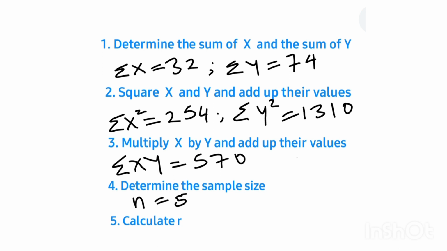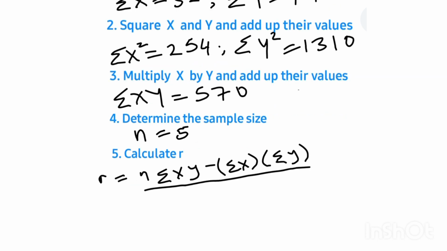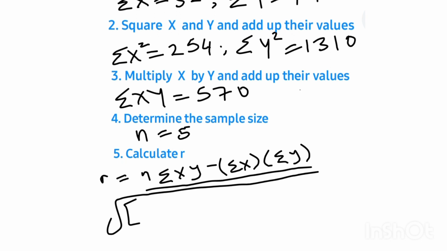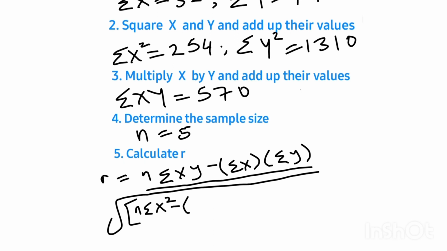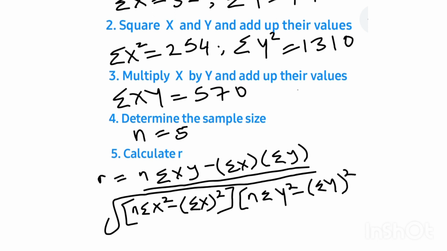And the formula goes as R equal n times summation XY minus summation X times summation Y over the square root of, we have our square bracket here, n times summation X square minus summation X all square, and then close our square bracket and open another square bracket, n times summation Y square minus summation Y all square, and close our bracket.